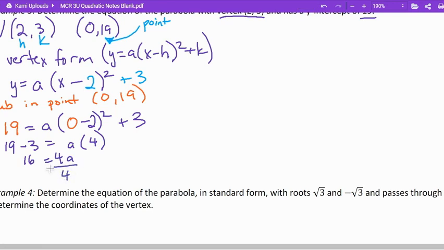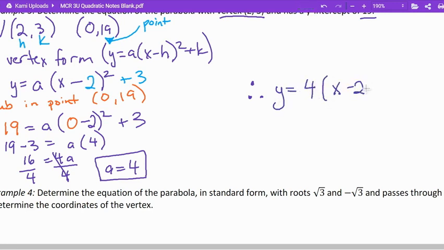Equals 4A, divided by 4, divided by 4. And we get that A equals 4. And so since we are not told which equation to write, we will write it in vertex form. So in this case, all we needed to find was the A.